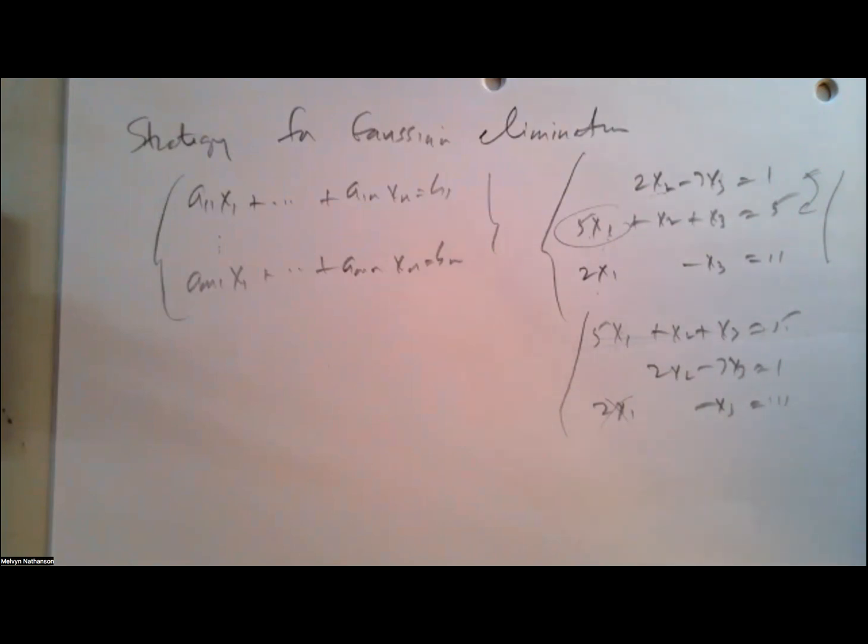Now, in a couple of weeks, we'll learn a more efficient system to use Gaussian elimination using matrices. But there are one or two other topics I want to discuss first before we get to matrices.